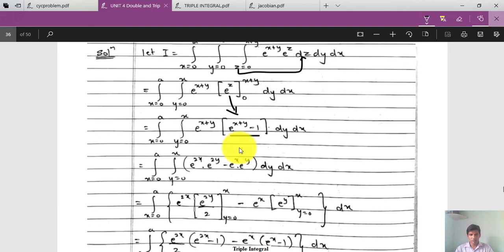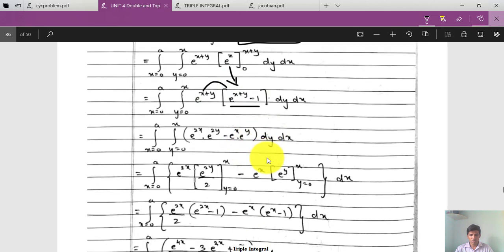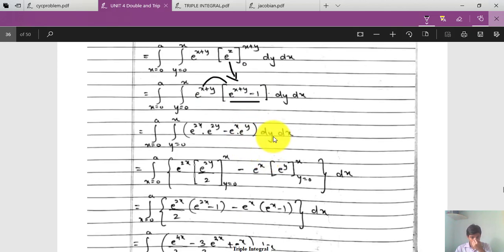Multiplying this out, it becomes e raised to 2x e raised to 2y minus e raised to x e raised to y, dy dx.